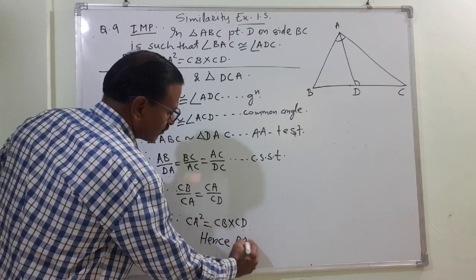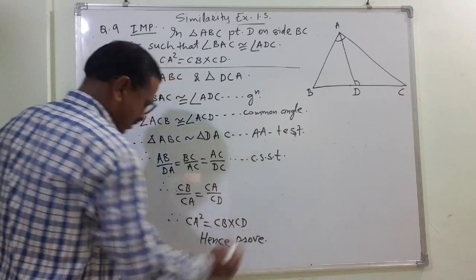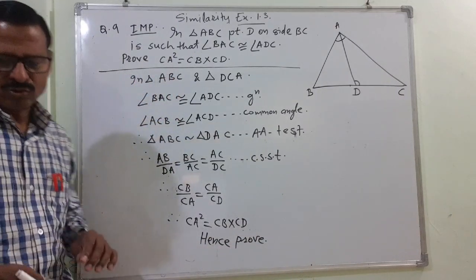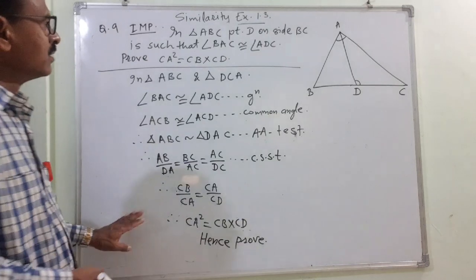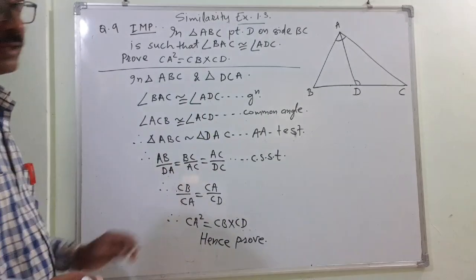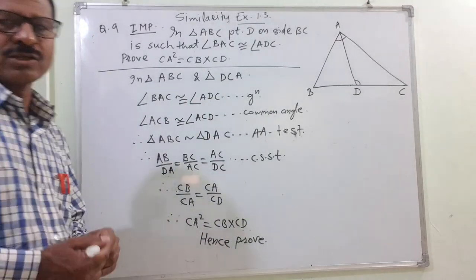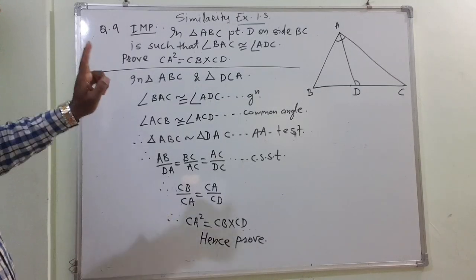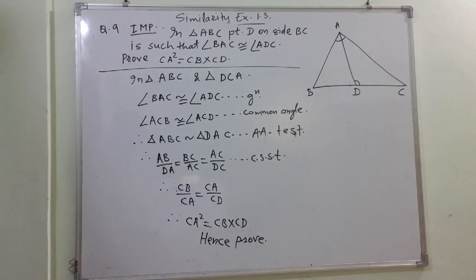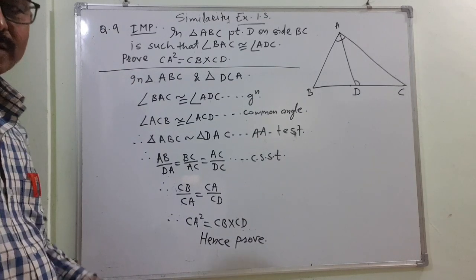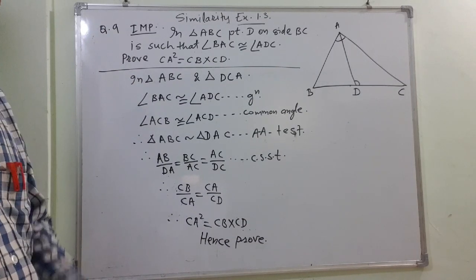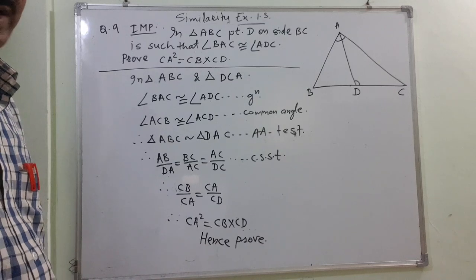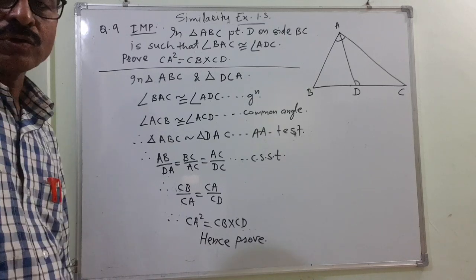Hence proved. If you say HENS, hens means chickens proved. So this way, this second part is also over, means this exercise 1.3. So next we will see afterwards the next questions in the subsequent. So all the best.